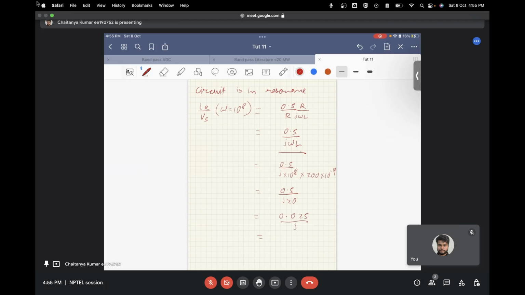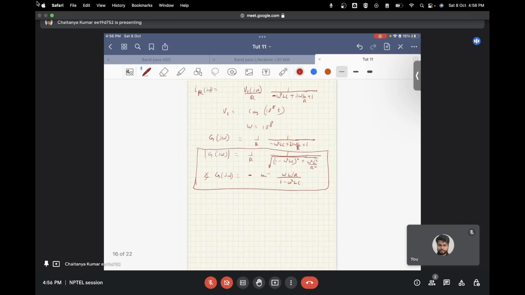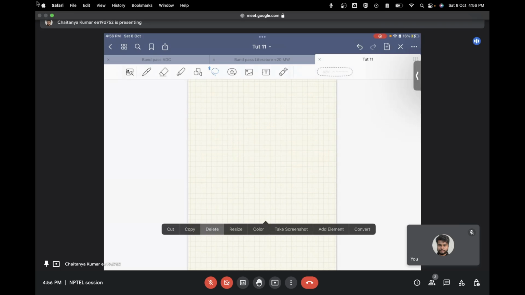Now this is 25 milliamps. The magnitude of IR comes out to be 25 milliamps, and the phase shift in IR comes out to be minus pi by 2, because this j adds an additional phase of pi by 2. So this was it from my side. These were the questions for today's practice session. So yeah, thank you for attending.